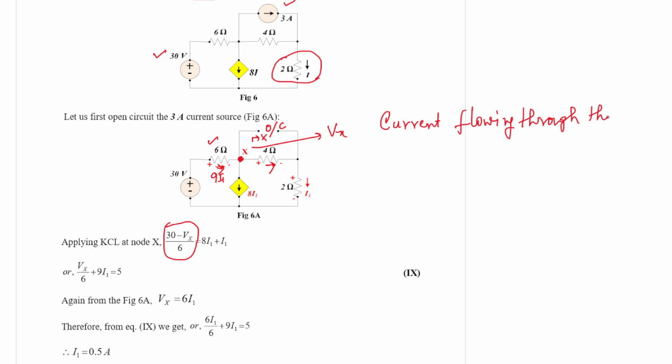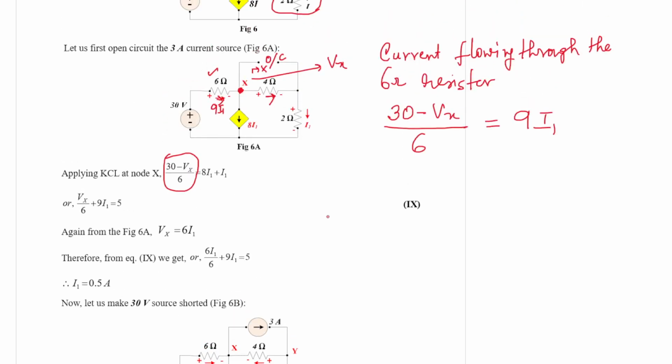is equal to (30 minus Vx) by 6, and that is equal to 9I1. You can solve this as Vx by 6 equals 5 minus 9I1.